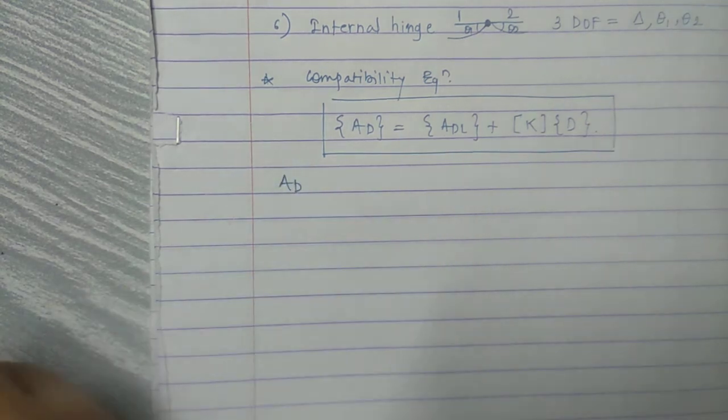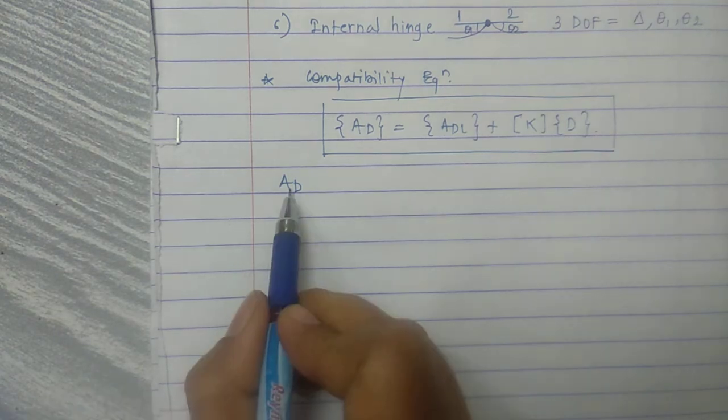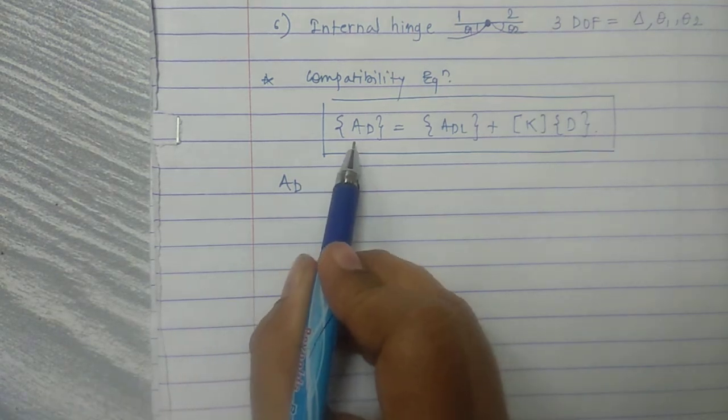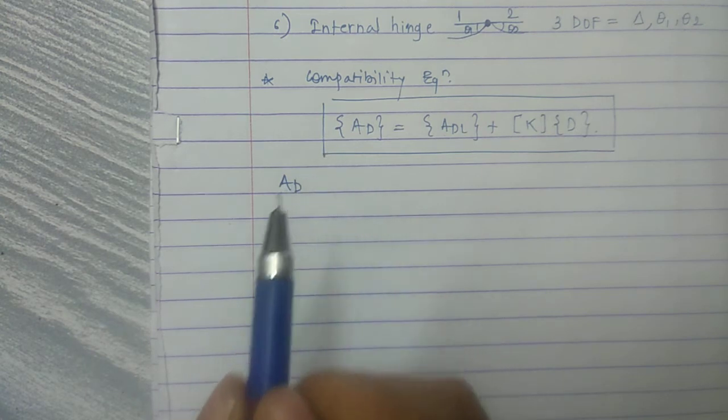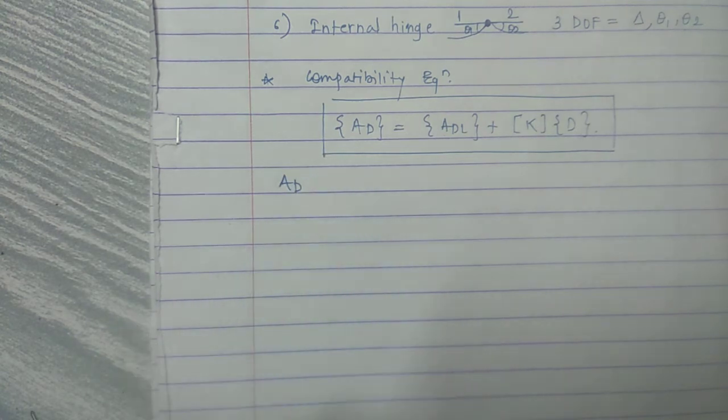AD matrix: the elements in this matrix that we have to write mean the action corresponding to unknown displacement in the original structure.